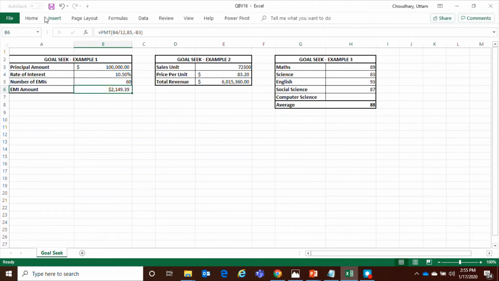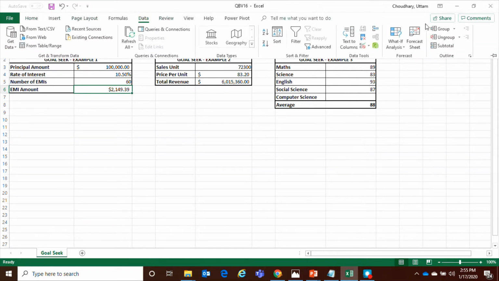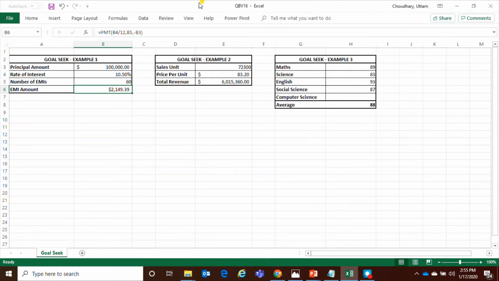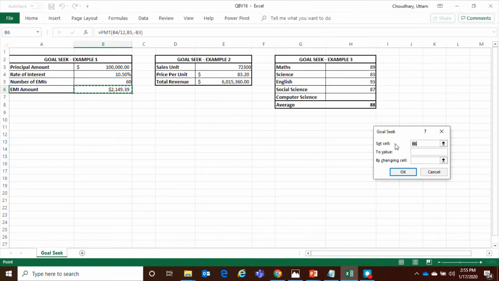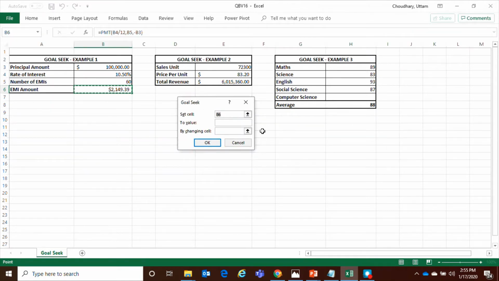In that case, the bank has to do the reverse calculation, and it can use an option under Data, under What-If Analysis. Under that there's something called Goal Seek. Now, what do we want here? We are saying that this is the cell which holds the value currently. I want to set this value to about $3,000.